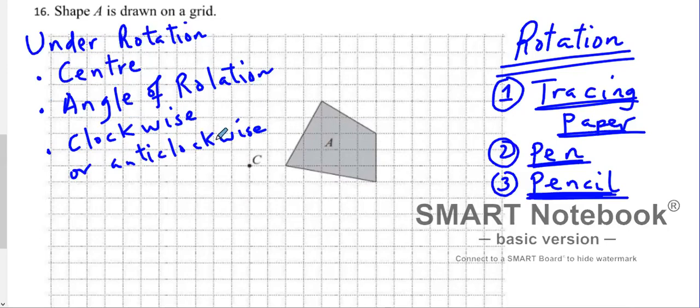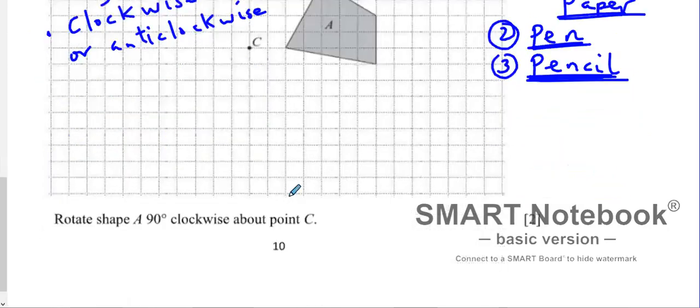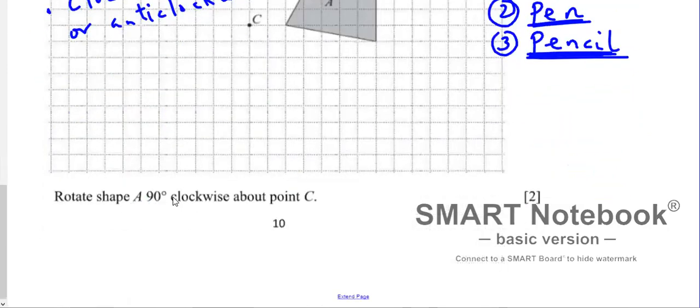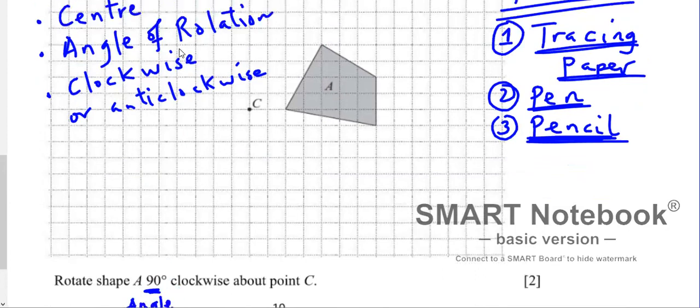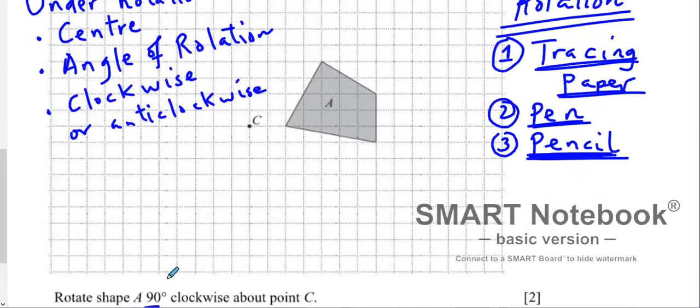So in this case, you can see that rotate shape A, this is shape A, 90 degrees is your angle. So the angle of rotation is given.